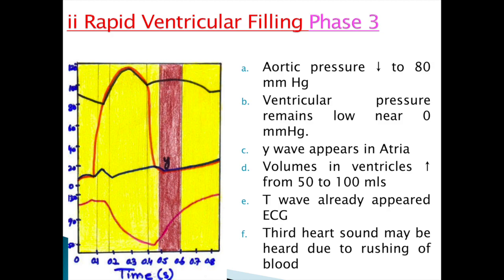Volume in the ventricle increases from 50 to 100 ml in this phase. So around 2/3 of the total diastolic volume is collected in the ventricle by this rapid filling. This is the time of complete relaxation, diastole. The T wave appears in the ECG, and the third heart sound may be heard due to the rushing of this blood.